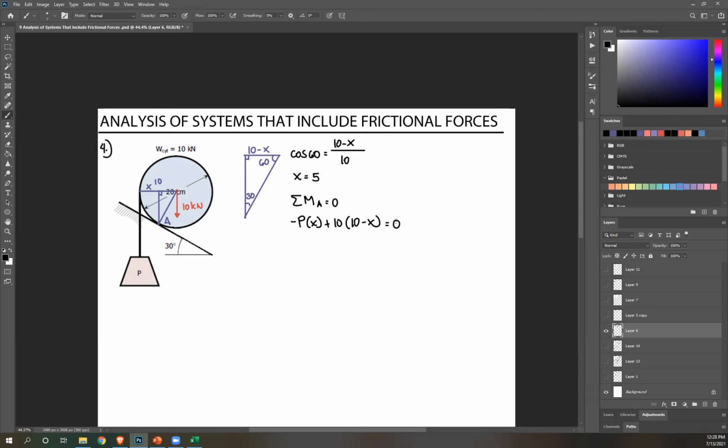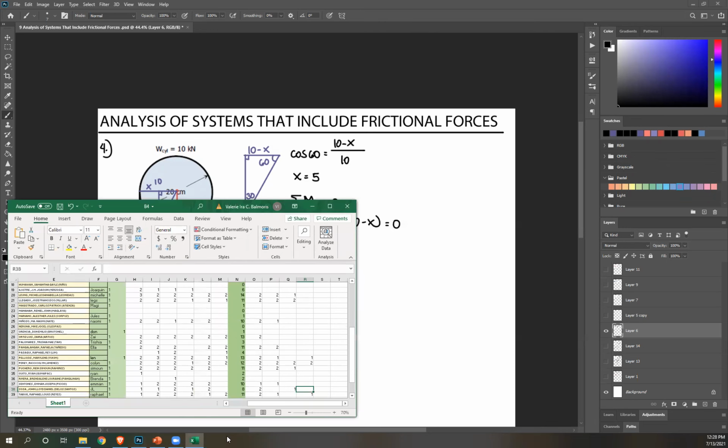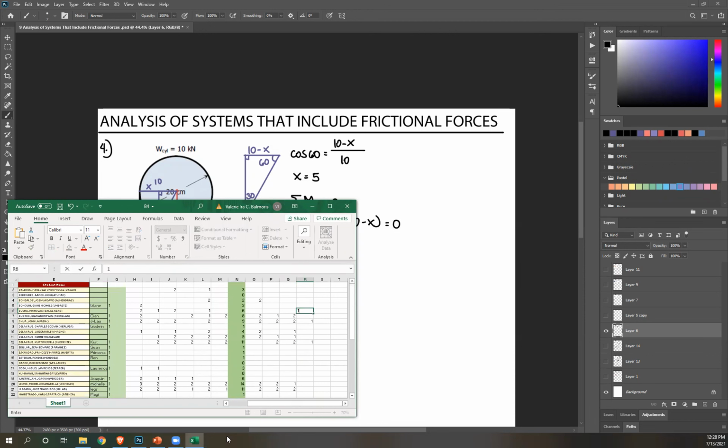So please solve what's P. Correct, Lloyd and Nicholas. Sosa and Glenn. It's 10.